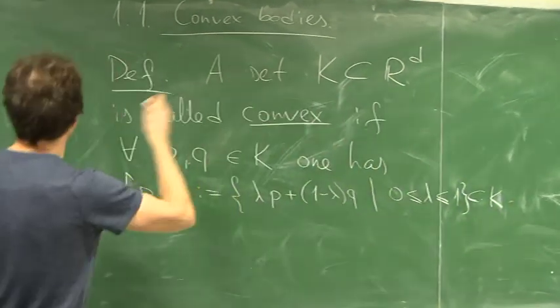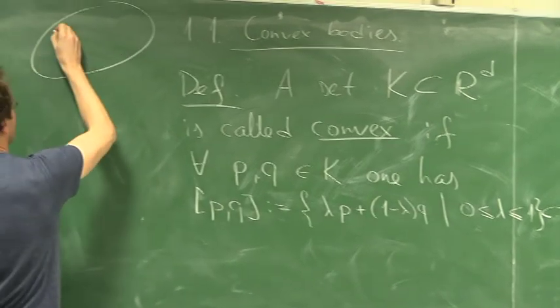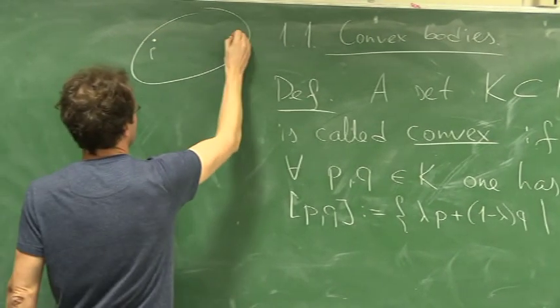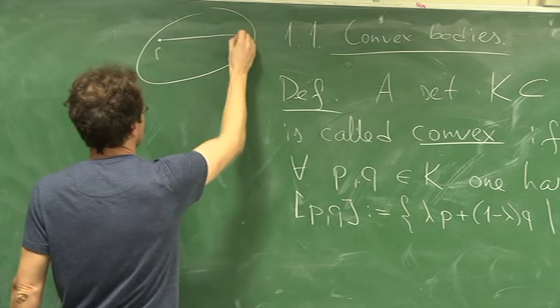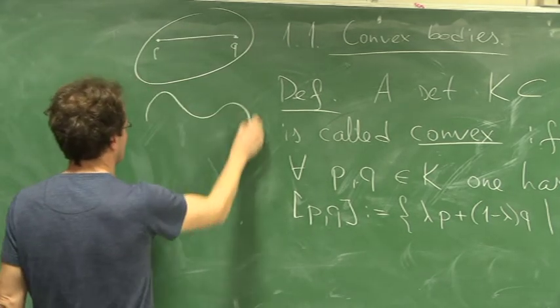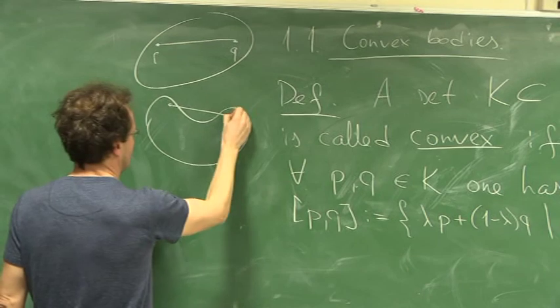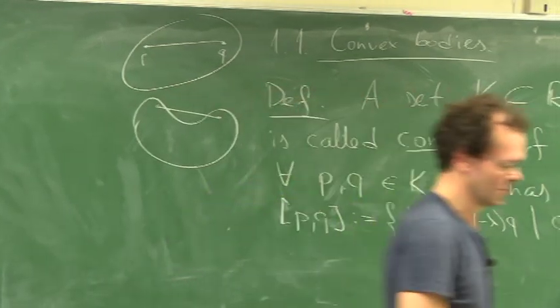So with the picture, of course, that means that if you have 2 points, P, Q, the segment must be inside the body, and something like that is not convex because it is not, by definition.